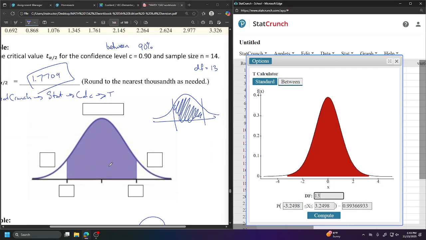Oh, I don't know. I don't even know why it's there, but it looks like the same picture. I guess I would put negative 1.77, 1.77 right there, but I don't know the rest. Maybe this would be like 90%. I don't know what they're wanting. Yeah, somebody else made it, so.